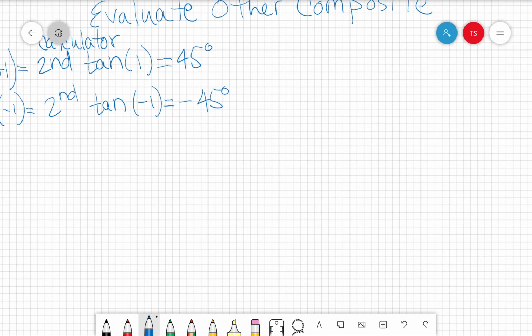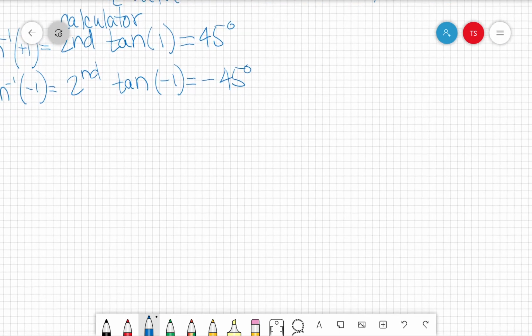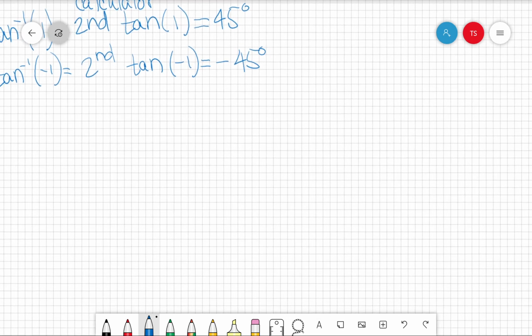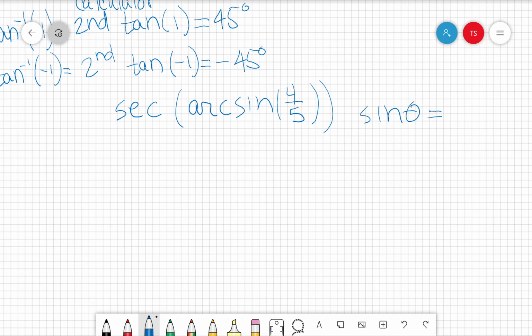Okay, but we can also evaluate other composite functions. So let's say, for example, we're asked to find the secant of arcsine 4 over 5. So in this case, this is a typical problem. Let's say you're told the sine of theta is equal to 4 over 5. Find the secant of theta. So you don't really need to know theta, you just need to draw a triangle.